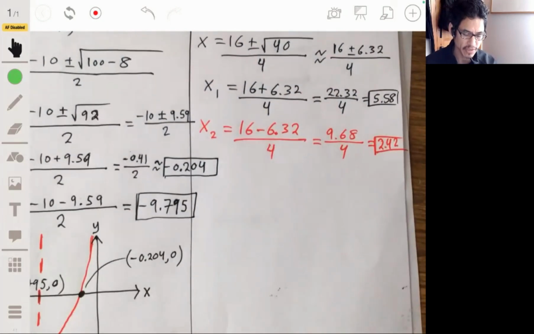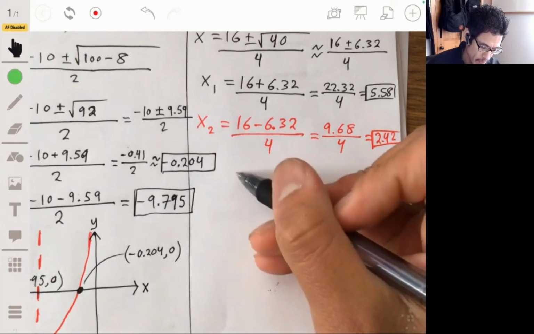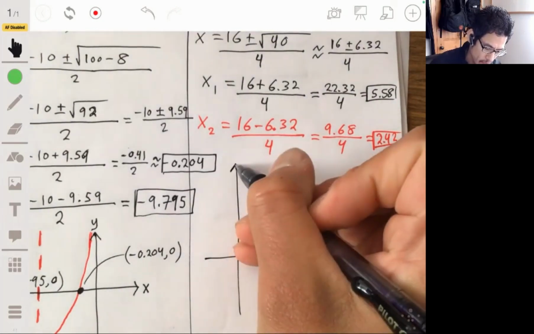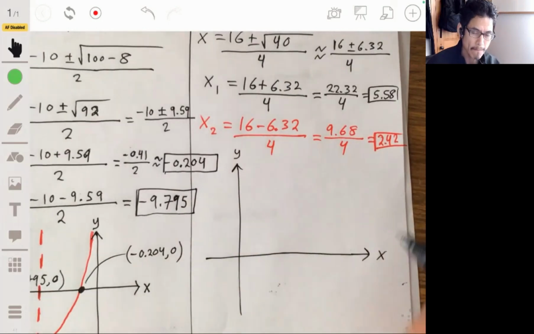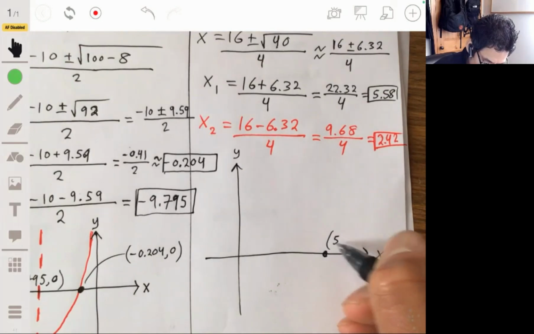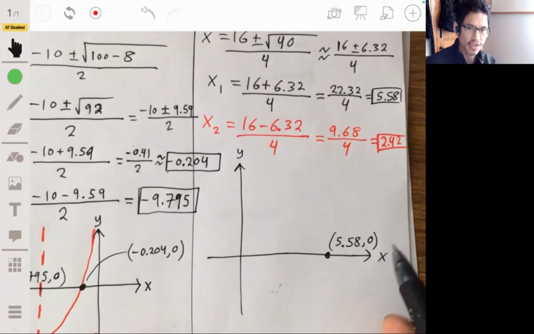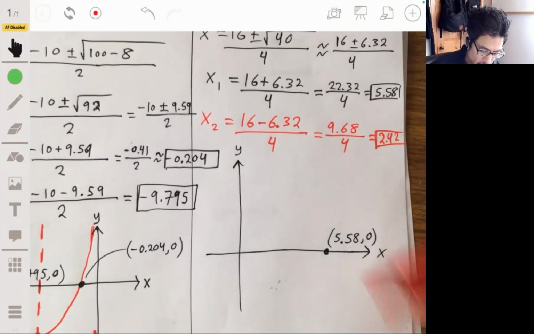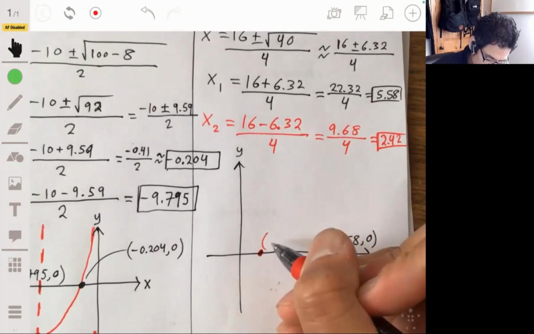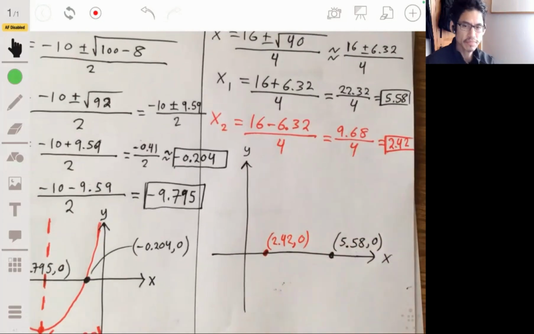All right, so now we just make a little sketch. They're both positive. We got one at 5.58, so 5.58 comma 0. The other one's 2.42 comma 0.